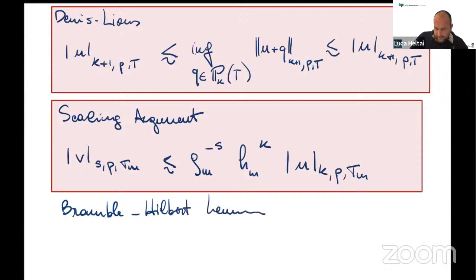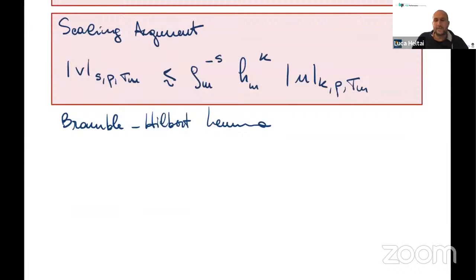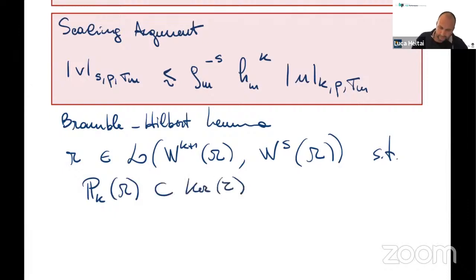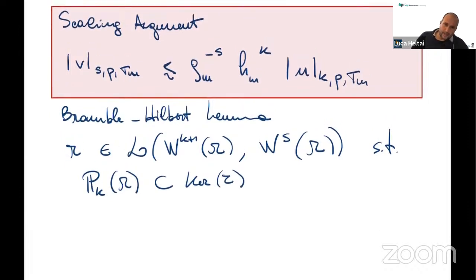This lemma we wrote as: there is a tau, which is in the linear space of bounded linear maps between W^{k+1,p} of any domain omega into W^{s,p} of any domain omega, such that the polynomials of order k defined on omega are included in the kernel of tau. Then the consequence of this is simply that you can state a bound for tau of u in the norm s.